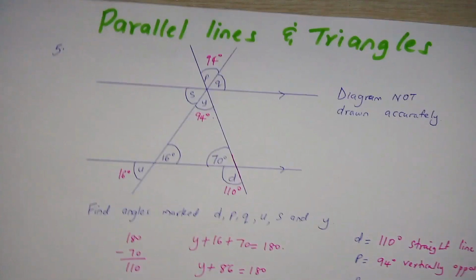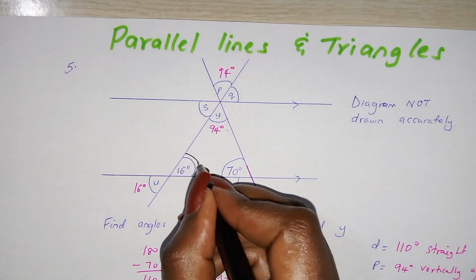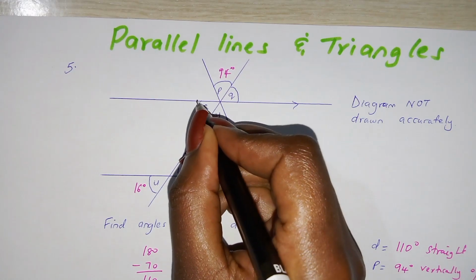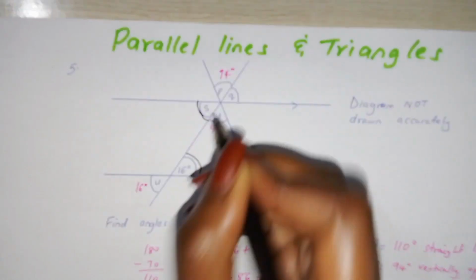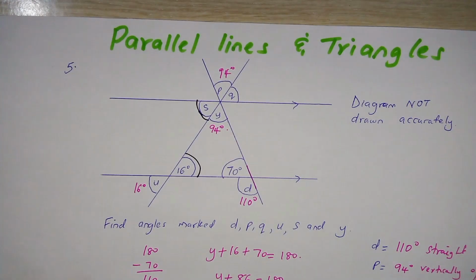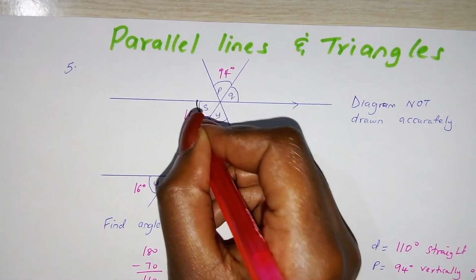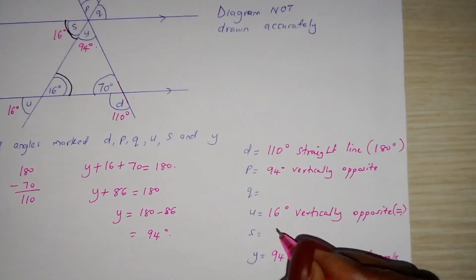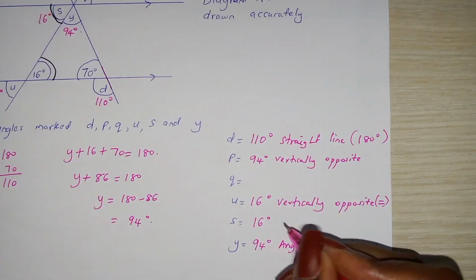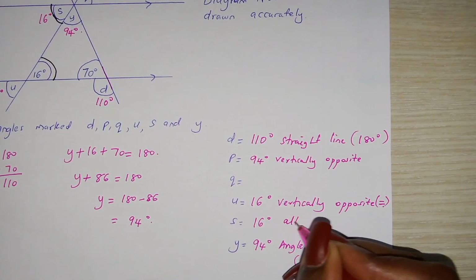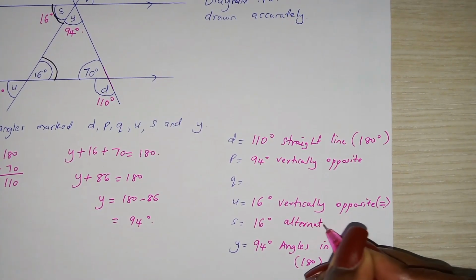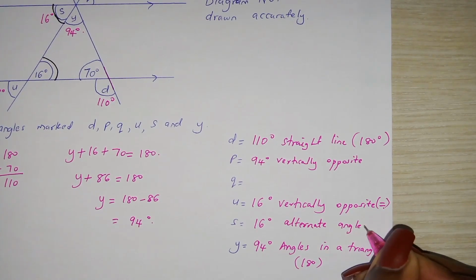Okay, now to find S, so S is equivalent to 16 because of alternate angles. So this one you can say it's 16 degrees. S is 16 degrees, alternate angles.